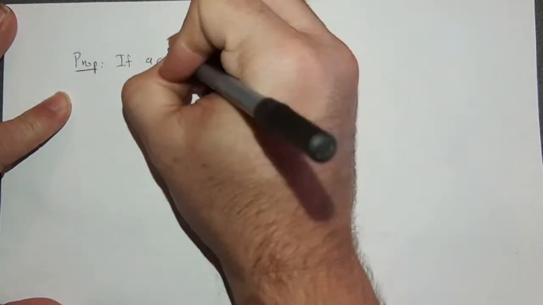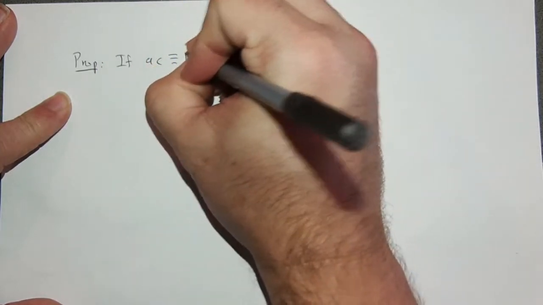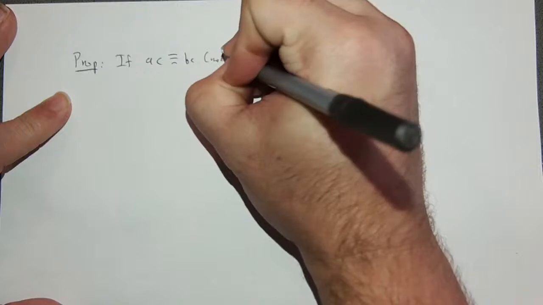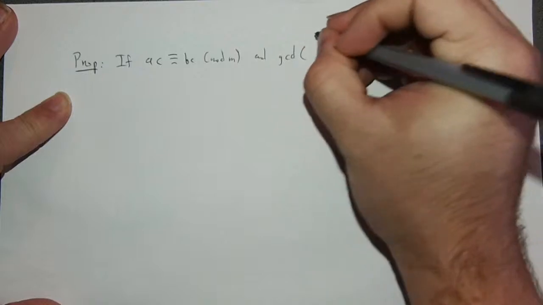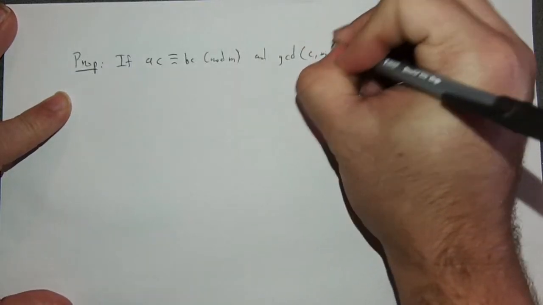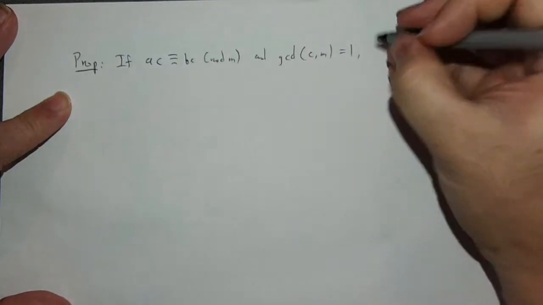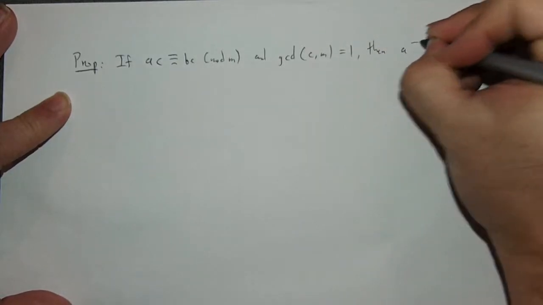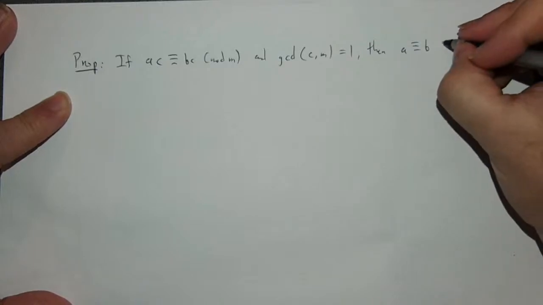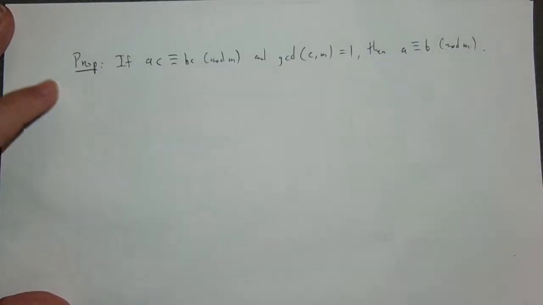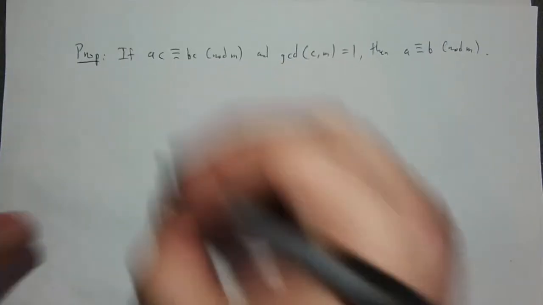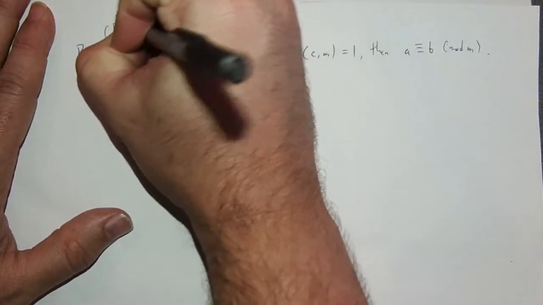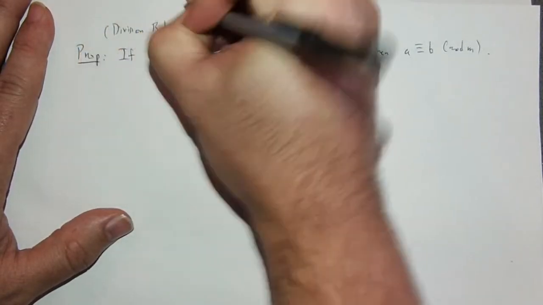If AC is congruent to BC mod M, and the GCD of C and M is 1, then A is congruent to B mod M. So this is exactly my division rule for congruences.